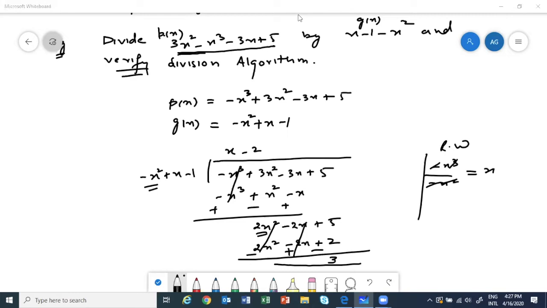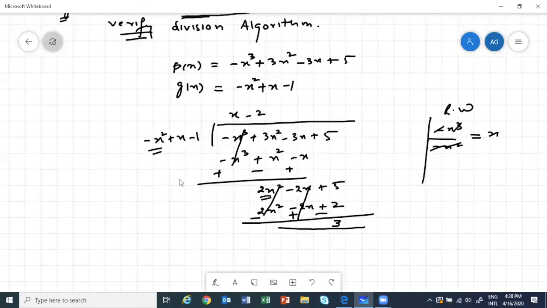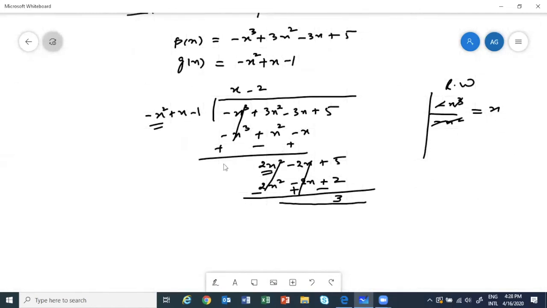So now let's apply our division algorithm. All of us reached here. Now let us apply. What is our Q(x)? Quotient. Okay, this will be our Q(x). This is our R(x). Then P(x) and G(x) we already have, right?